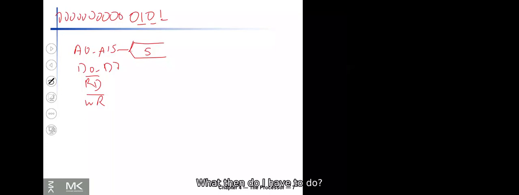What then do I have to do? I put the address. I want to read. What should I do? I should make read active to tell the memory, okay, this address that I've put for you is for reading. I want to read from this location.